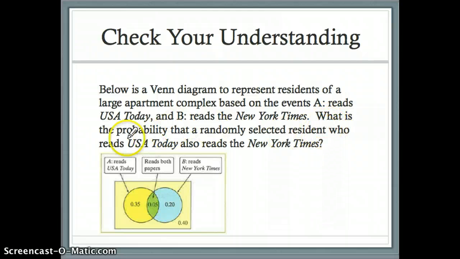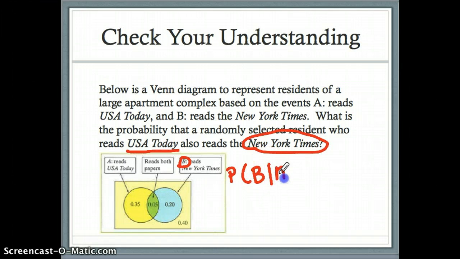Okay, so we're looking for the probability that a randomly selected resident who reads USA Today also reads the New York Times. So we're looking for New York Times given that they read USA Today. If B is the event to represent New York Times and A is the event to represent reads USA Today, I'm looking for the probability of B given that A already happened.